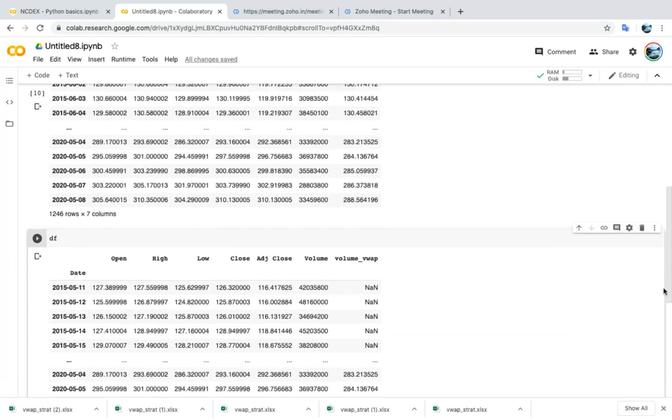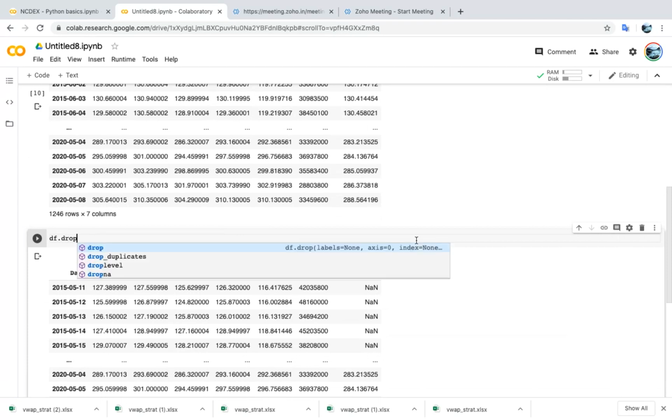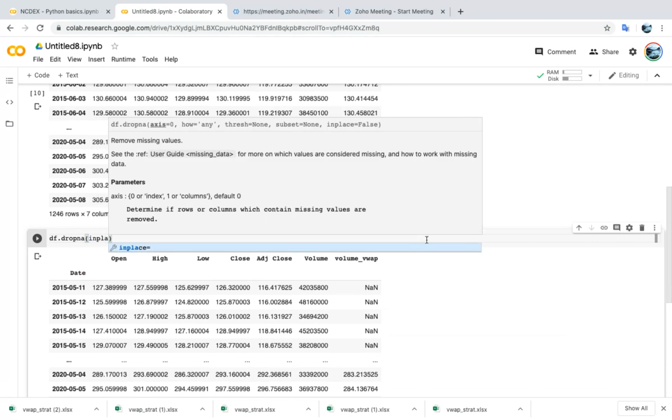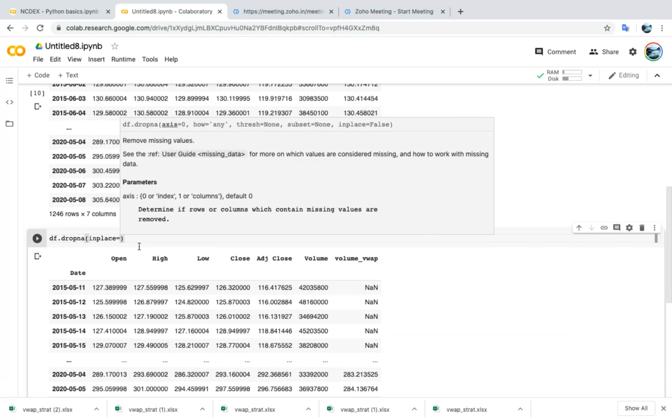Oh, it didn't delete it. Do you remember that? Do you think I'm making some mistake again like I did last time? I used dropna, but I didn't use inplace. What inplace does is it applies the operation which I'm planning to apply on the data frame on that data frame itself.